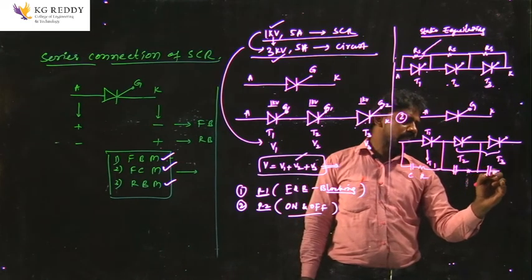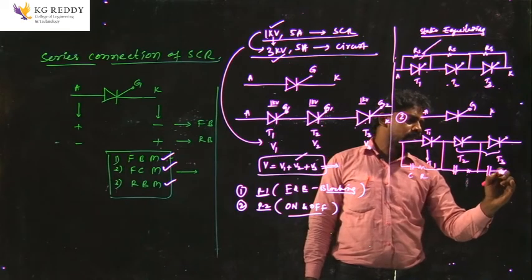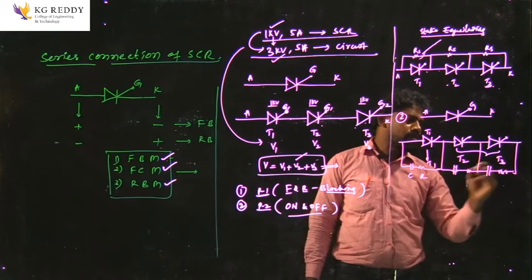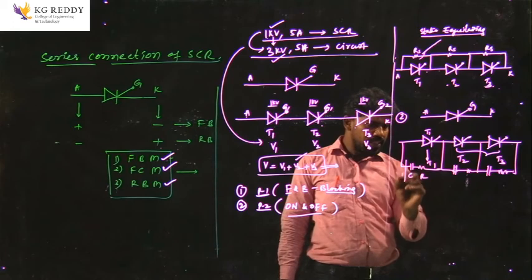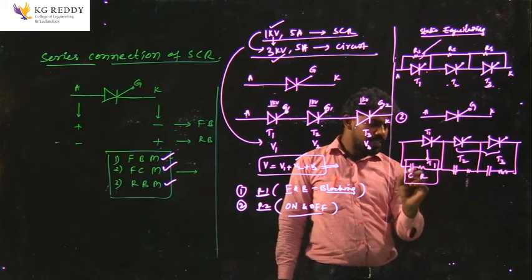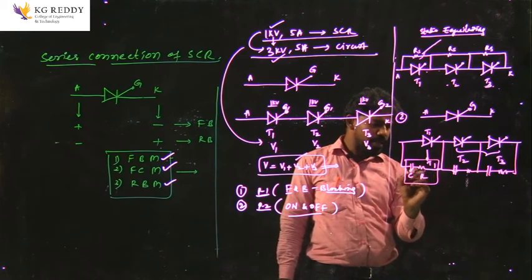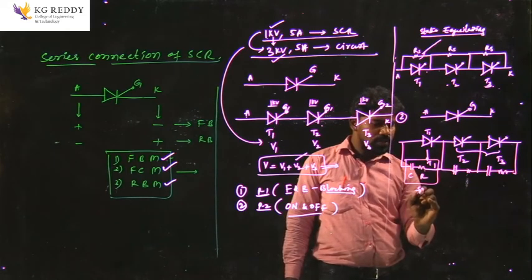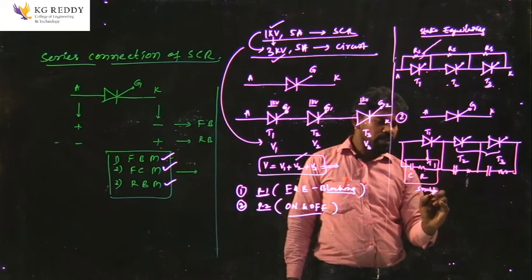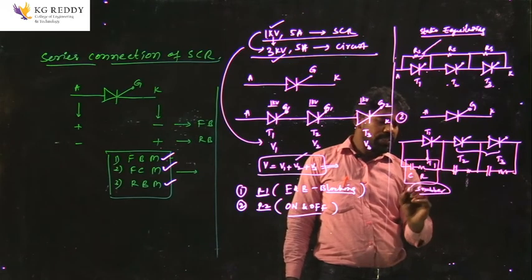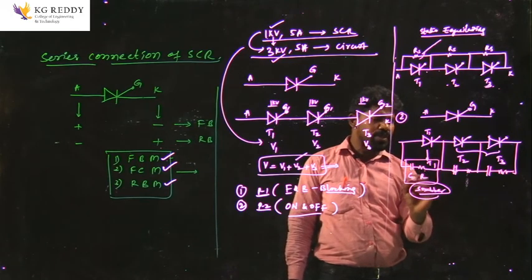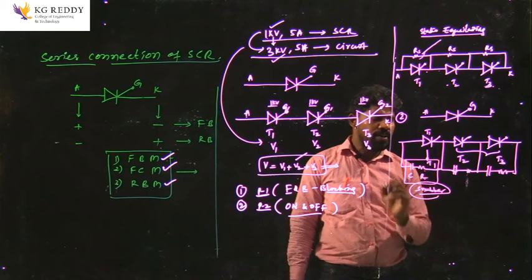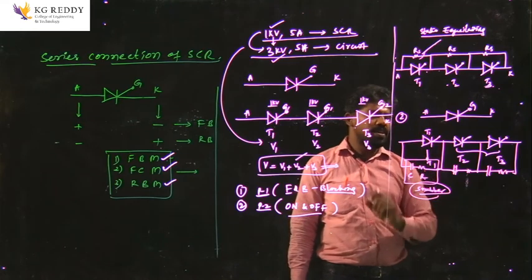This is the capacitor and this is the resistance. This series combination of capacitor and resistance is called a snubber circuit.